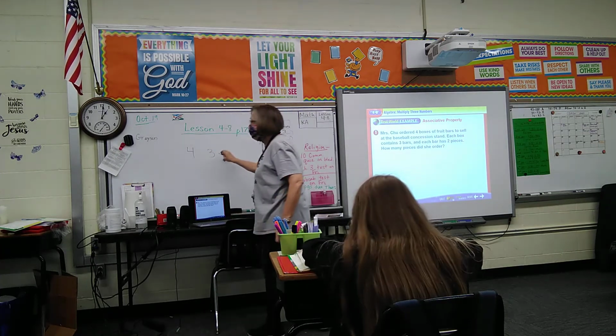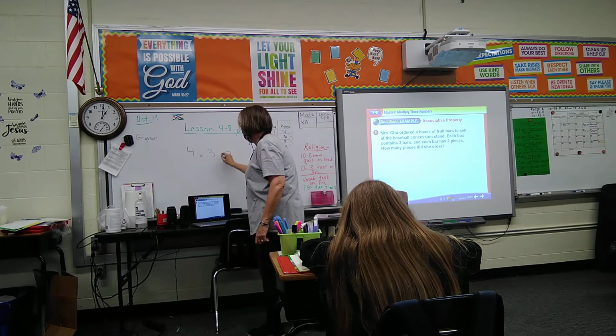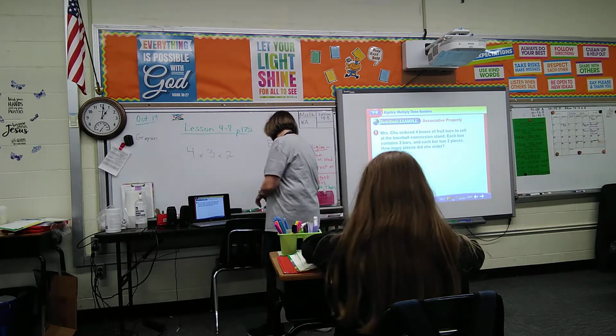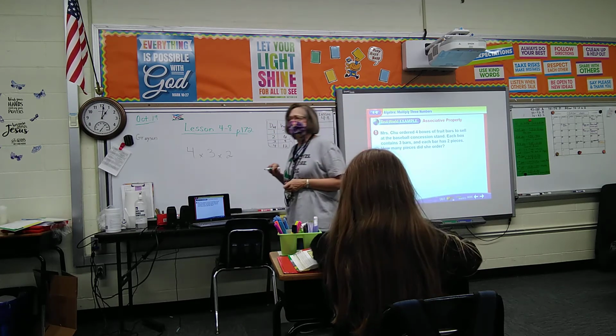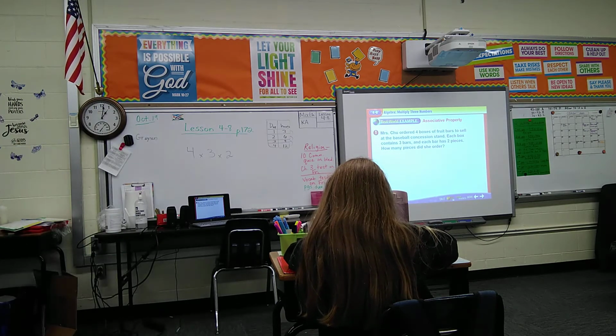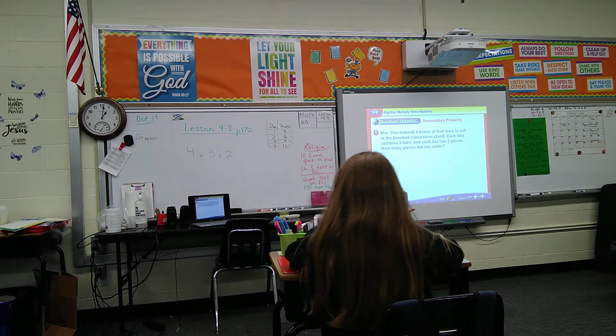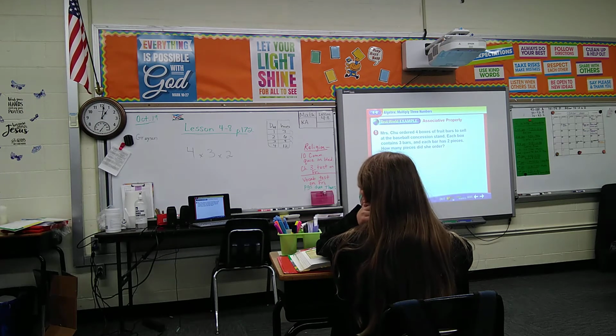And what will we use to connect it? Plus sign or multiplication sign? Because that's our main idea today, right? Yes. Jaden, which 2 of those 3 factors would you multiply together first? You can do 4 times 3, 3 times 2, or you can do 4 times 2. Any way you do it, you're still going to get the same product.